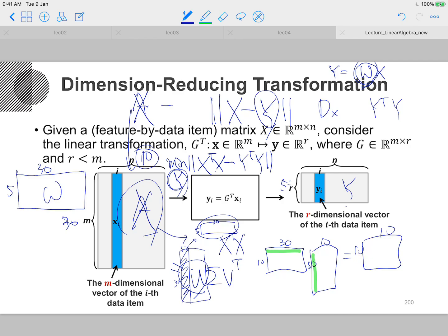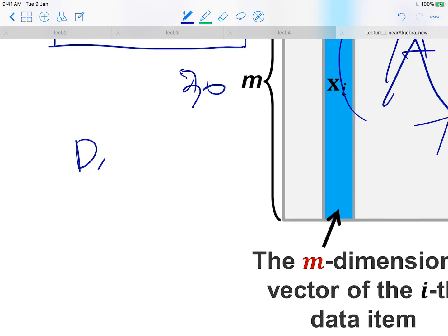Then we can formulate our problem with dx and dy, and minimize the difference in terms of the Euclidean distance over this reduced dimensional representation.